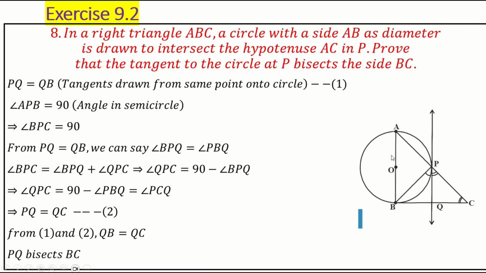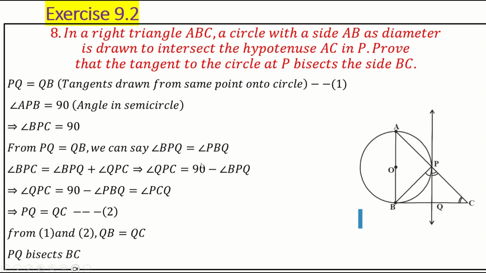Why is this 90 degrees? This is the angle subtended by the diameter in the semicircle, correct? Angle in the semicircle, which is 90 degrees. So if this is 90 degrees, we know that other side also is 90 degrees. If this is X, this will be Y, these two will be same.